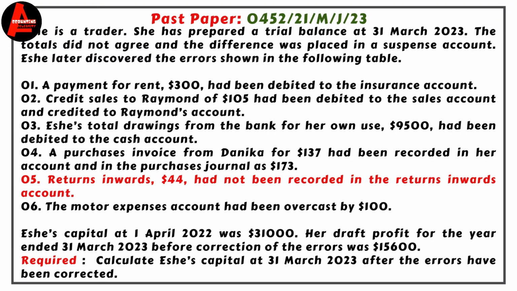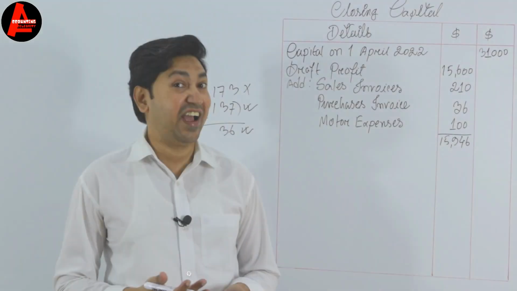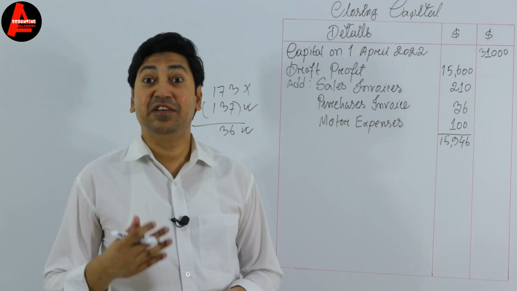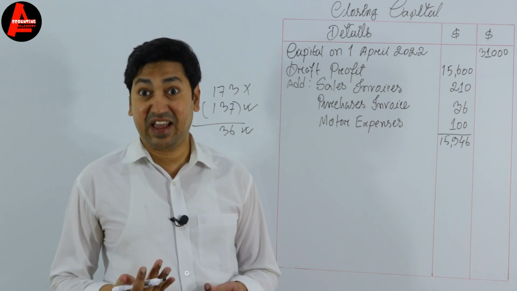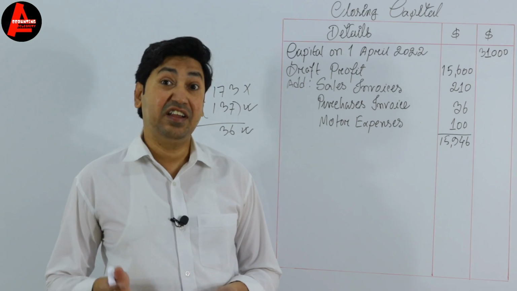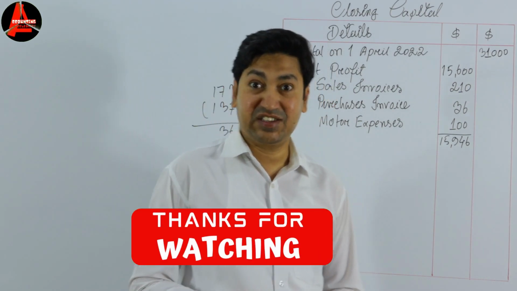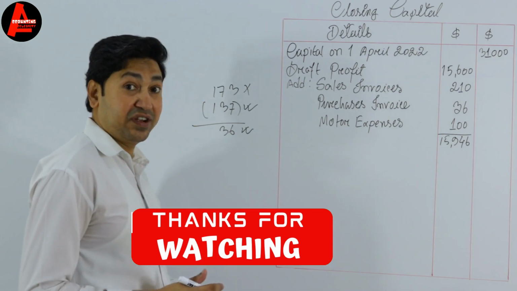Now we have one more transaction. Number 5: returns inward $44 had not been recorded in the returns inward account. Returns inward is an expense. So here the expense is not recorded. What happened in this case? Profit is increased as the expense is not recorded. Now if we record the expense, obviously profit will be decreased, right? So we will subtract this amount.